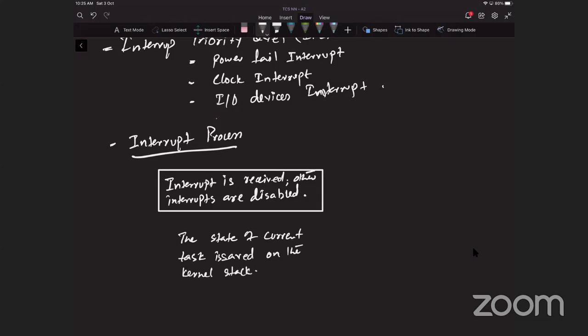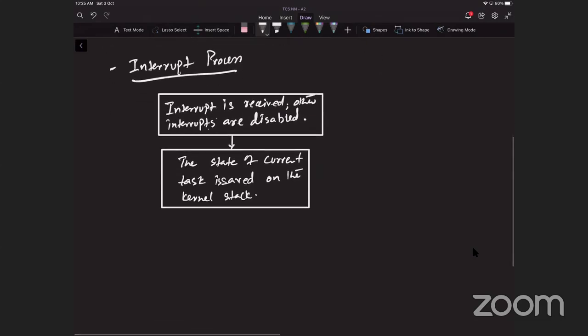Stack is a memory data structure, and if it is related to the kernel, then it is called the kernel stack. Then the source of the interrupt is identified.